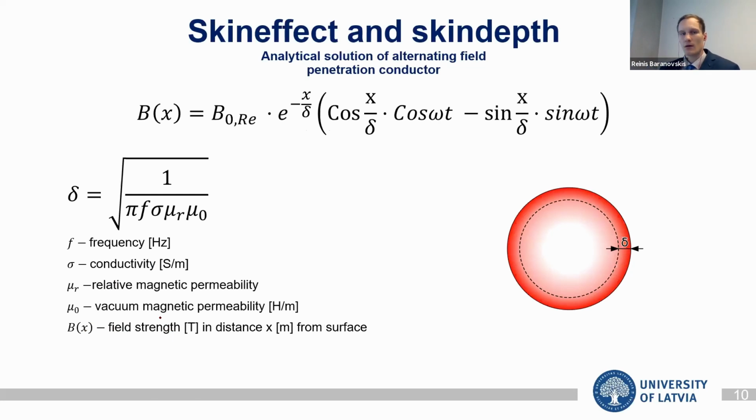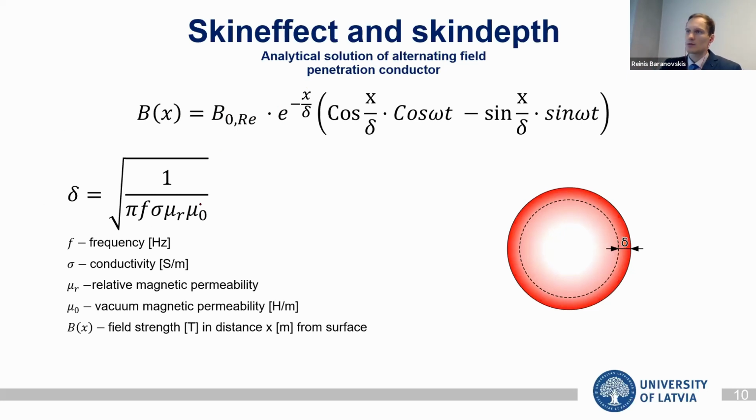And here I have written an analytical, precise solution for the 1D case. It's quite a long formula, but for our purposes, we shall ignore the large part in the brackets and look at only this part, where the magnetic field at a distance x inside of the conductor falls off exponentially from the surface.